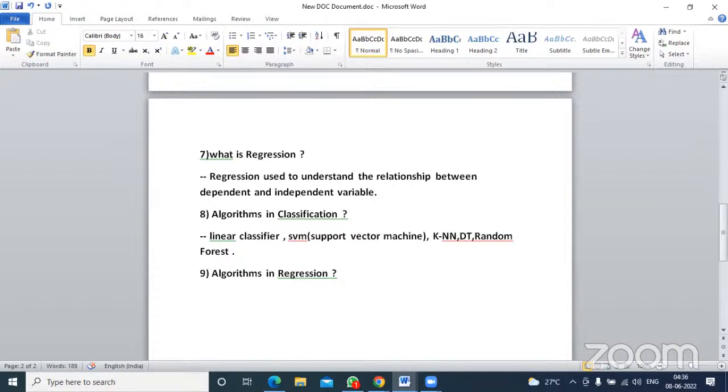Yes, multiple linear, ridge, yeah, very good. Next.